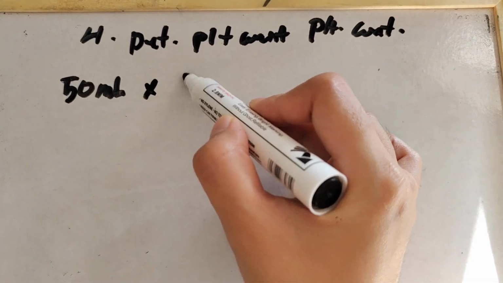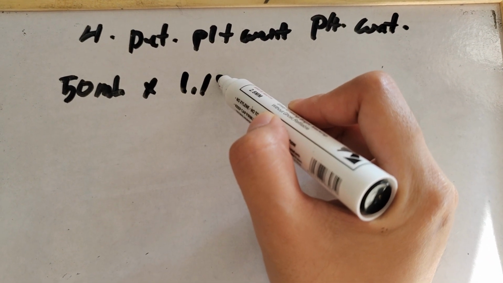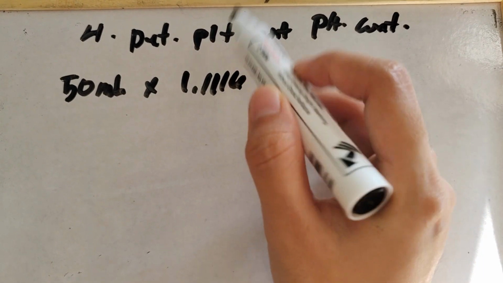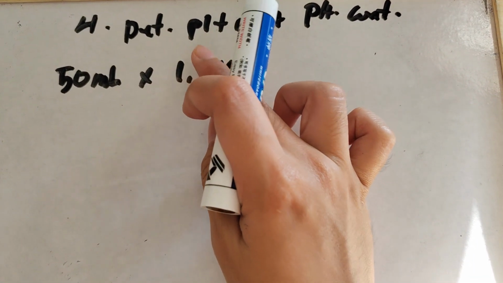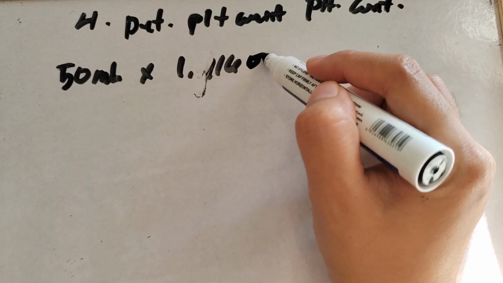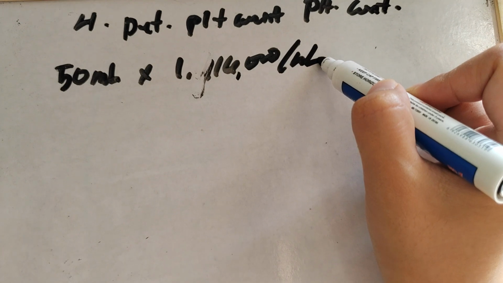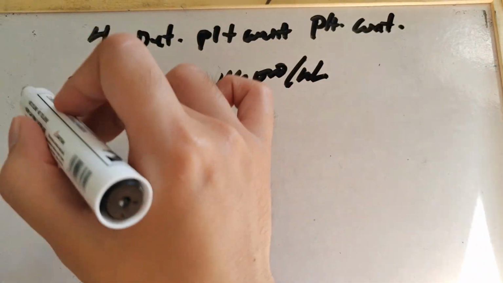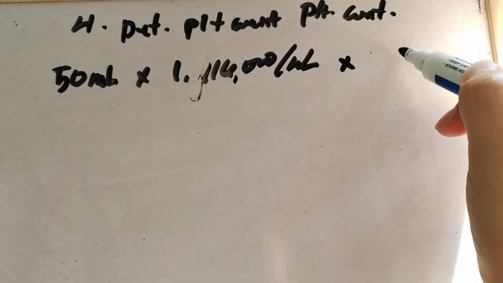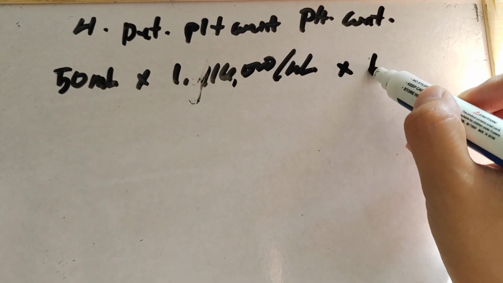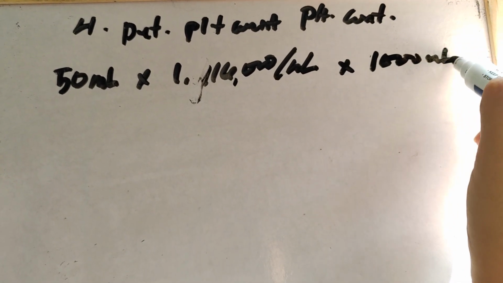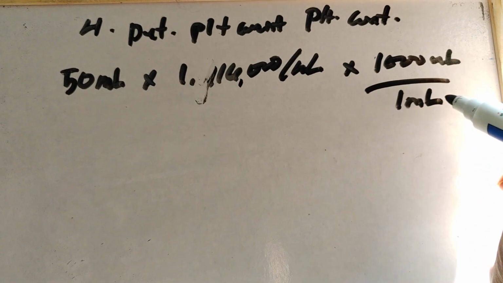Times what's given, 1,116,000 per UL of platelet in that 50 ml, times our equation or the conversion.